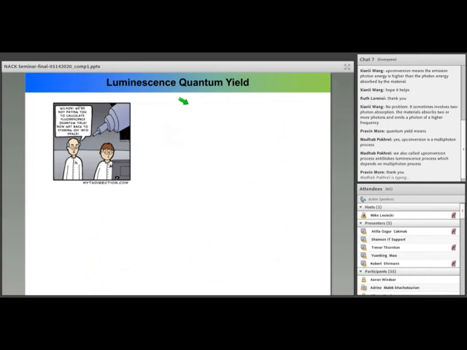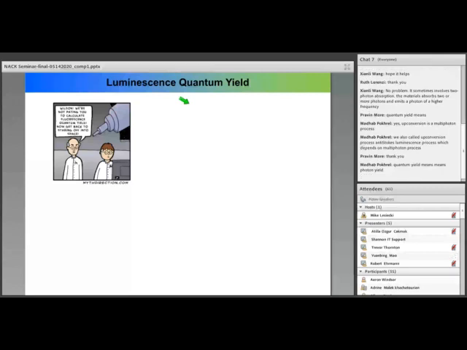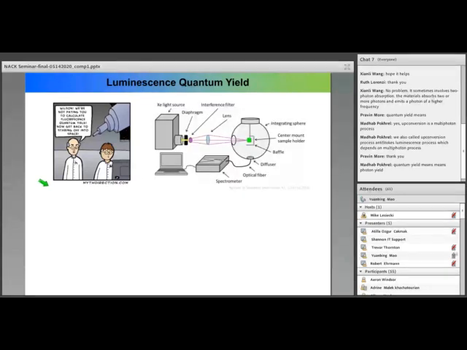And then the next thing I want to talk about is the quantum yield, right? A lot of times, for non-physicists, when we see "quantum," we freeze. So I want to use this cartoon to show that when we talk about quantum yield, it's not really a challenge, so don't be scared of it.